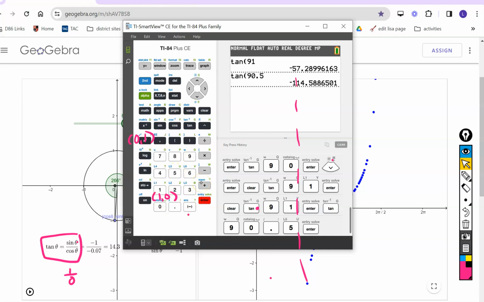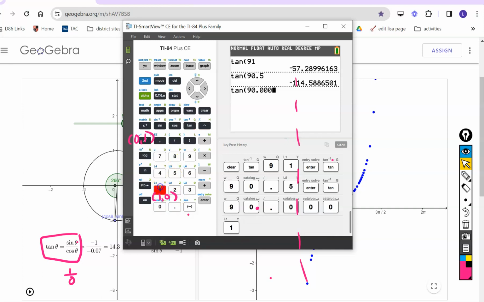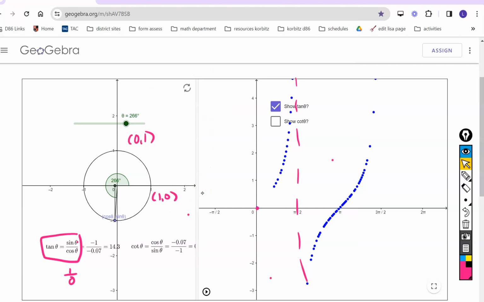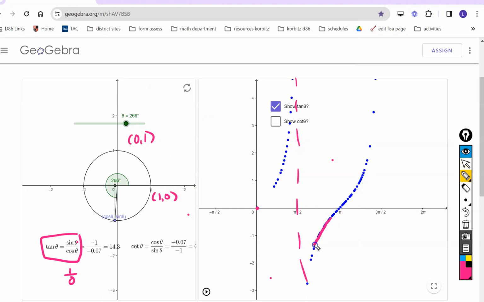As x approaches 90 degrees from the right, what's happening to the y value? The tangent of 90.0001, for example. Wow, that's a really small number. Notice as our x value approaches 90 degrees, or pi over 2 radians, from the right, our y value approaches negative infinity. So there's our tangent graph.